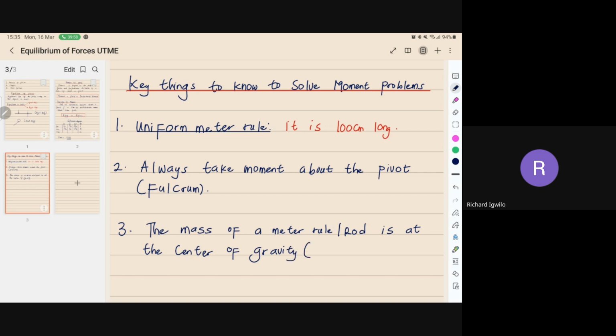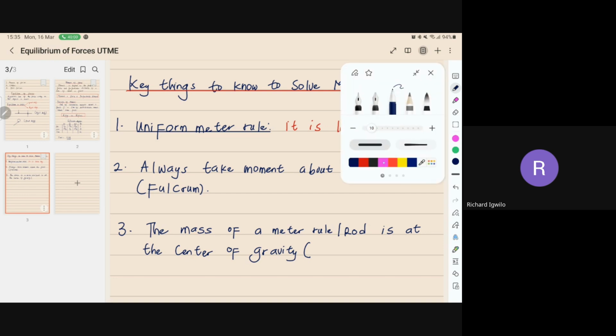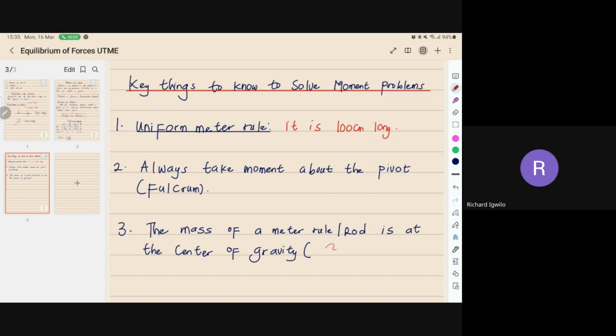It simply means it is at the center of the rod or meter rule. Please take note of these golden rules. These are the golden rules. Is that okay? Center of the rule slash rod.